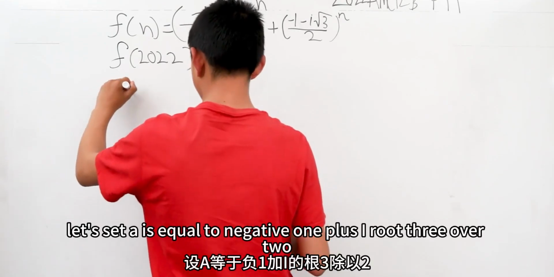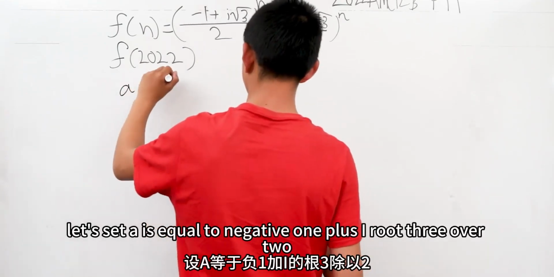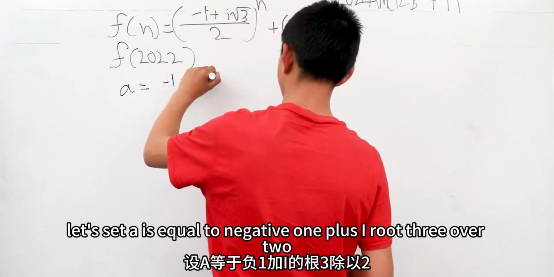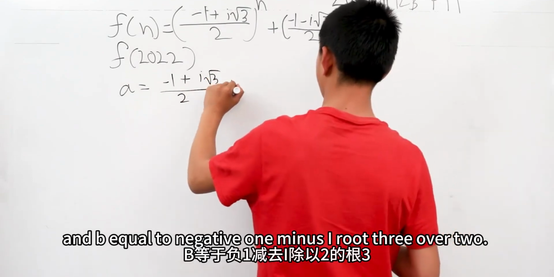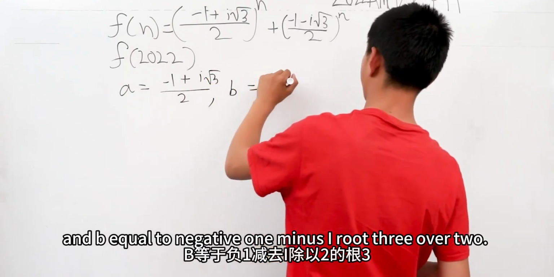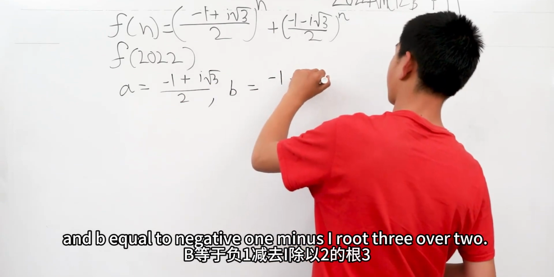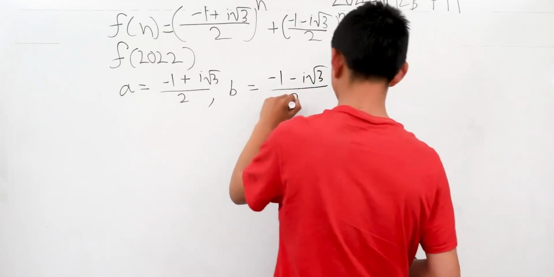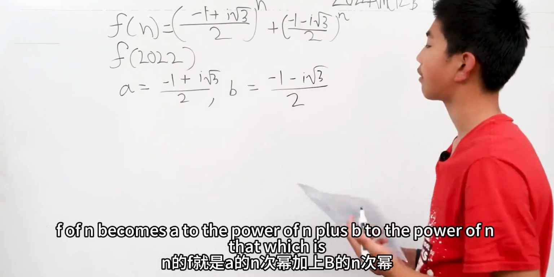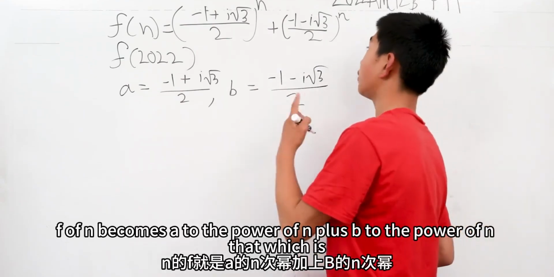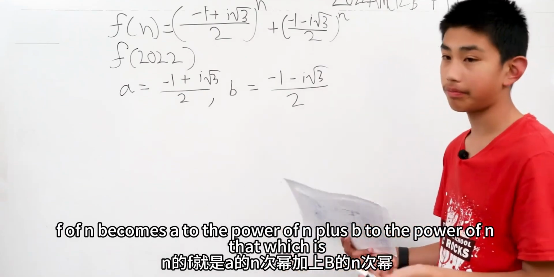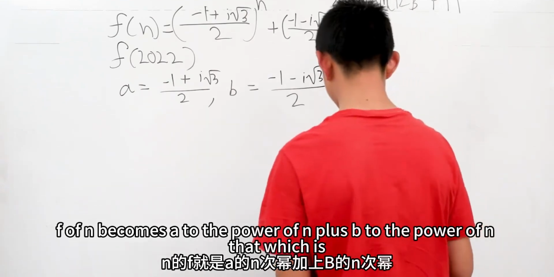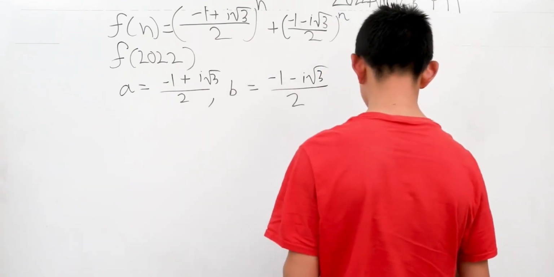Let's set a equal to (-1 + i√3)/2, and b equal to (-1 - i√3)/2. So basically f of n becomes a to the power of n plus b to the power of n, which is pretty simple now.